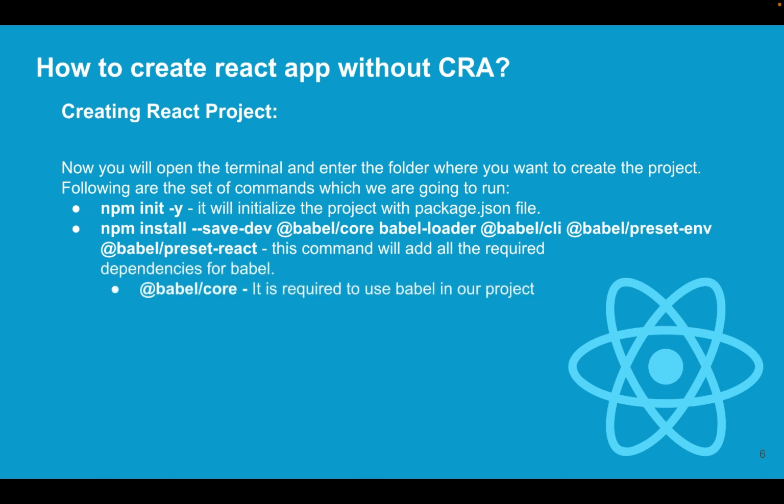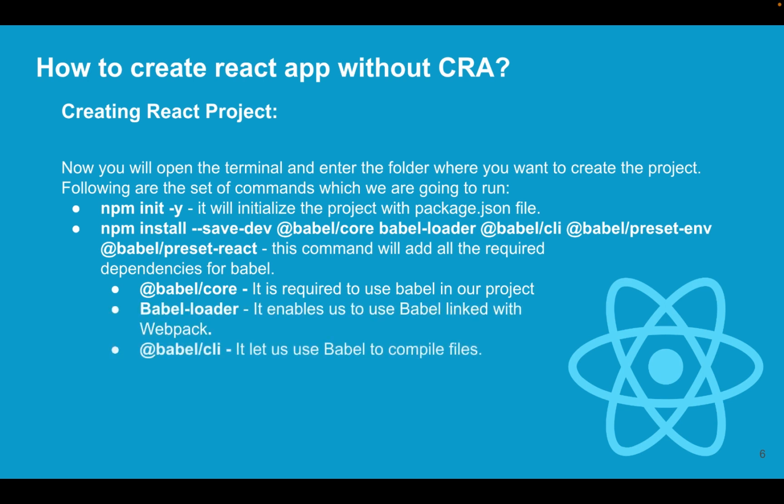The first one is Babel core. It will basically enable us to use Babel overall in our project. The next one is Babel loader. Babel loader is the one which links Babel with Webpack, and Babel CLI will let you compile your files.